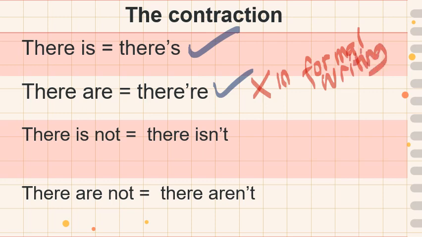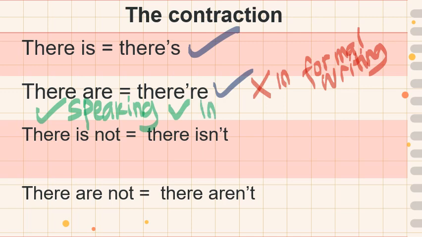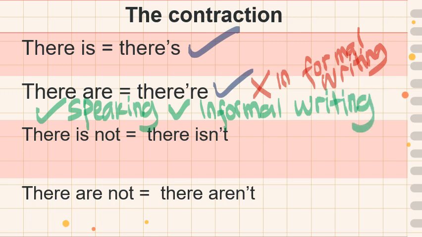You can use this in speaking or in informal writing. Number 3, there is not becomes there isn't. Number 4, there are not becomes there aren't.